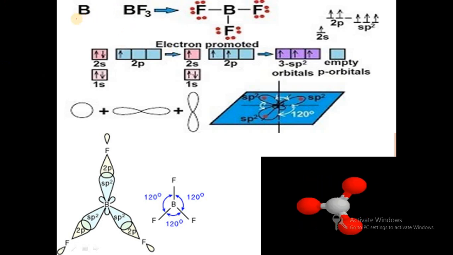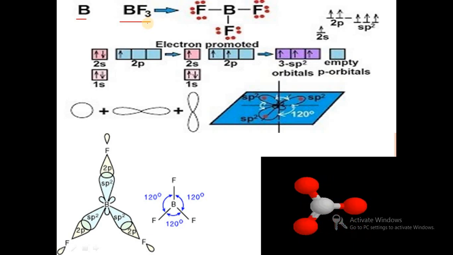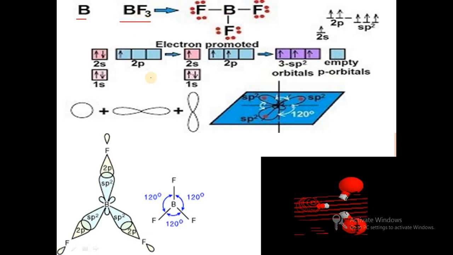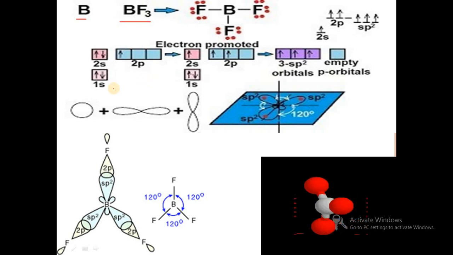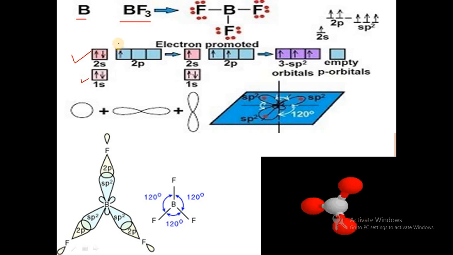In the case of BF3, boron trifluoride, boron is surrounded by 3 fluorine atoms. Boron has atomic number 5 and electronic configuration 1s2, 2s2, 2p1. This is the ground state.